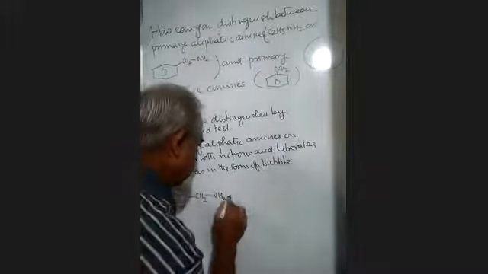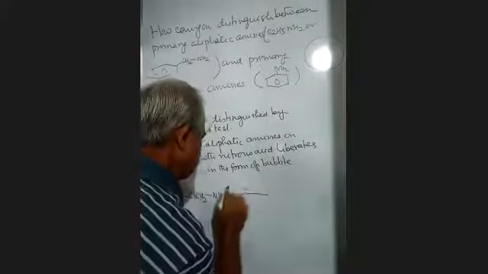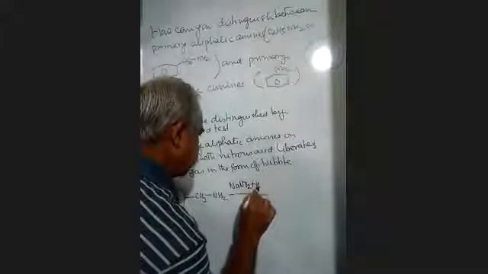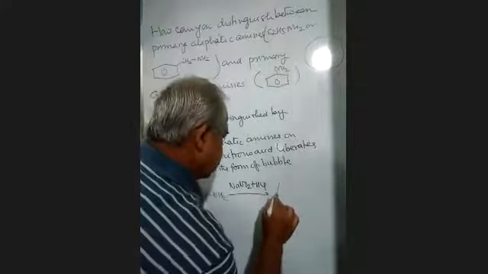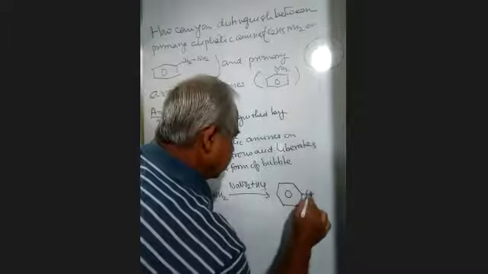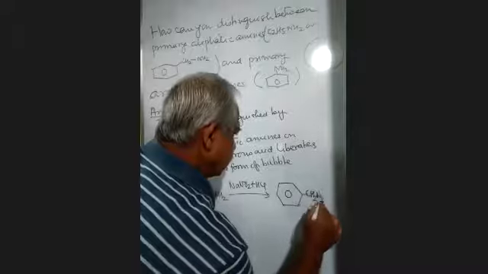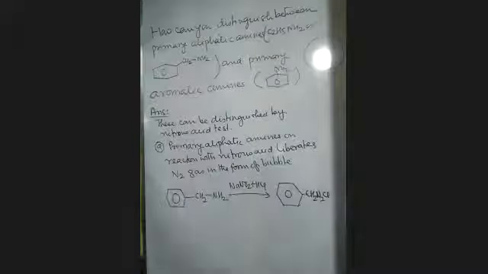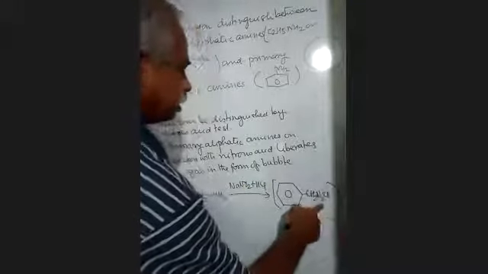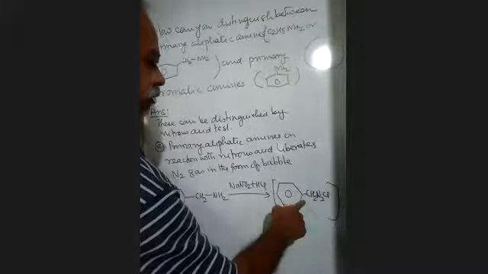So what will it give you? We'll write now here NaNO2, HCl. So what is it going to give us? C6H5CH2N2Cl. This is not stable. Why is it not stable? Because this nitrogen is not directly bonded to the aromatic ring.